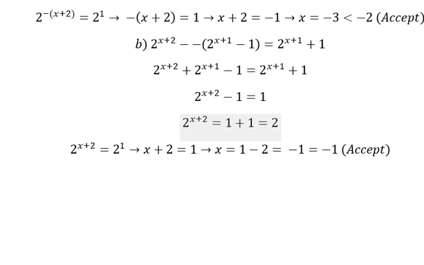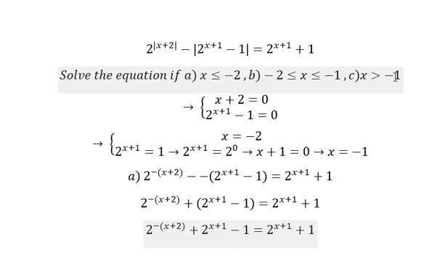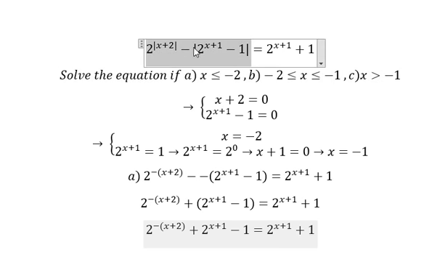Now let's go to the last one. When x is greater than negative number 1, that means both of the absolute value they are in the positive.